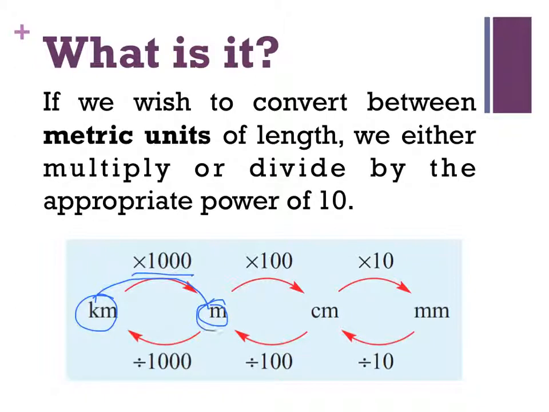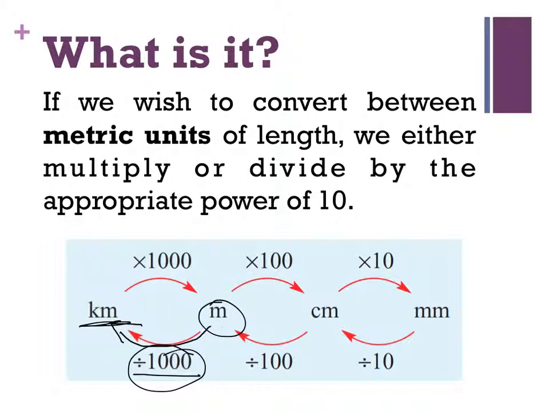If you've got 3 metres, and you want to know what that is in centimetres, you have to convert 3 metres times 100. 3 metres is the same as 300 centimetres. But if you're going the opposite way, say you had 5,000 metres, and you wanted to know what it was in kilometres, 5,000 metres in kilometres is 5 k's. So I've divided that by 1,000.